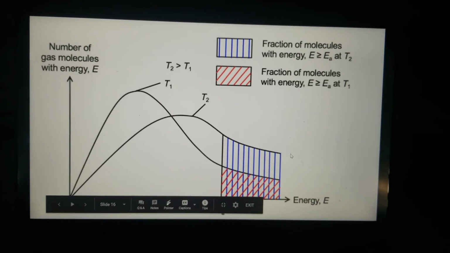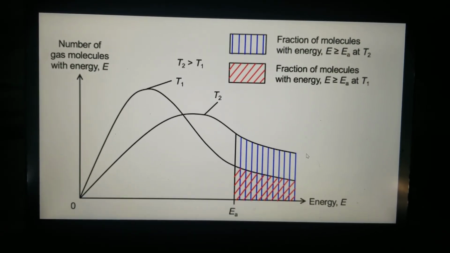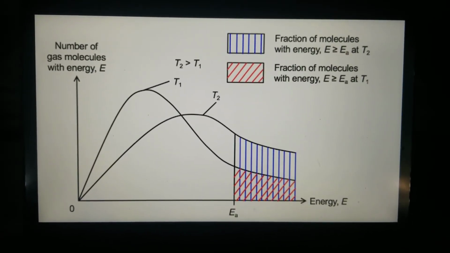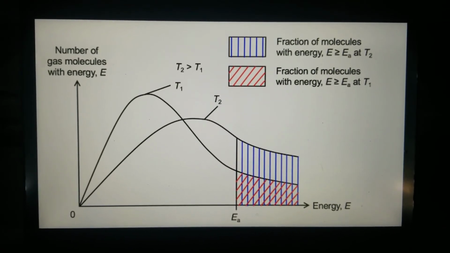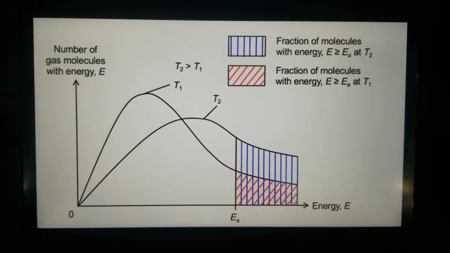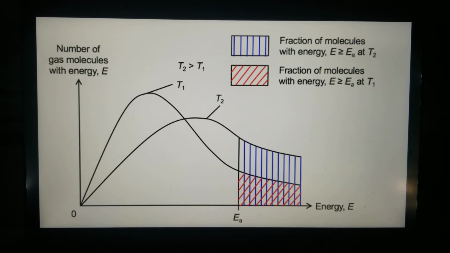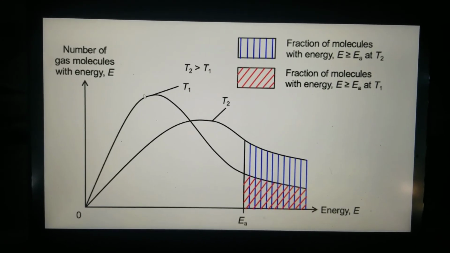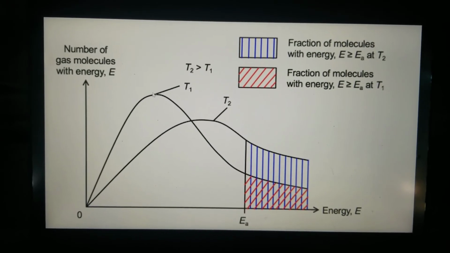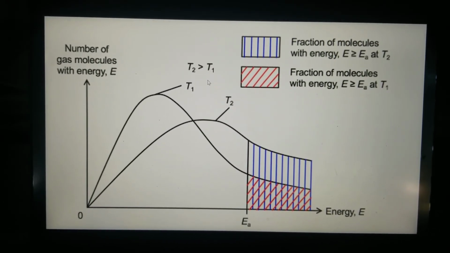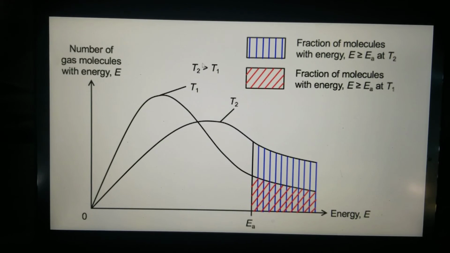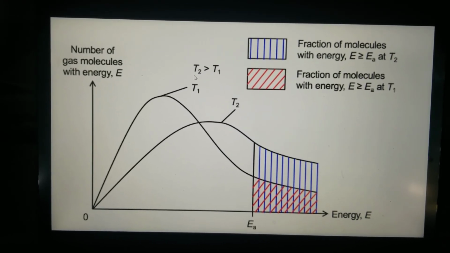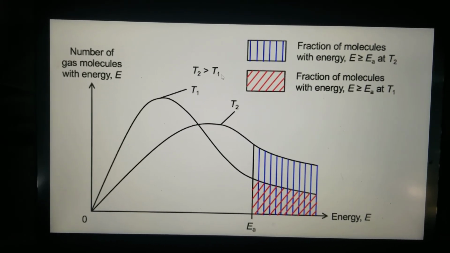Here is another example of that. And this is an example of a diagram you would have to draw on your IB test. T1 is a lower temperature, and T2 is a higher temperature. See right here, it says T2 is greater than T1. The second temperature is higher than the first temperature.